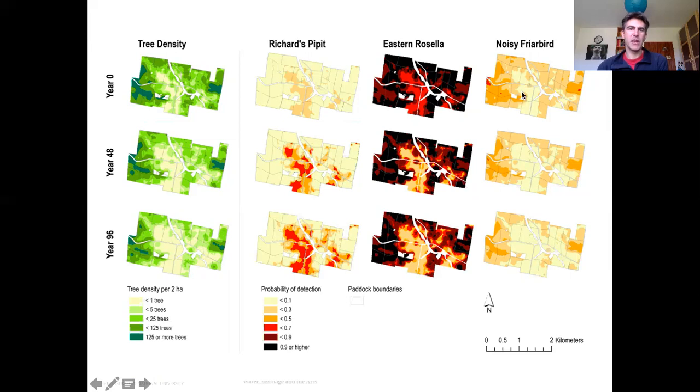And the noisy firebird also likes relatively densely treed environments, and it's not changing as much in this particular scenario. So depending on what sort of environment you need, what sort of tree density you're responding to, the environment will change for you. There will be some species that will win, but that is relatively few species. Many species fall in these categories, like the eastern rosella and noisy firebird, and will decline through time.